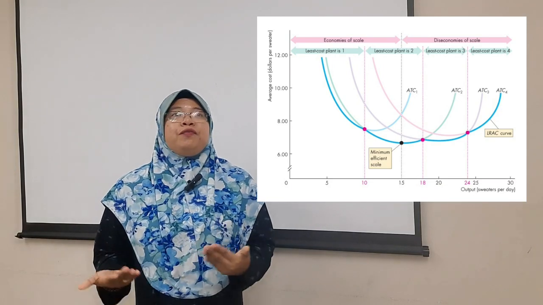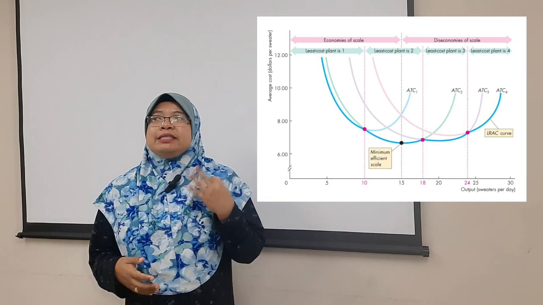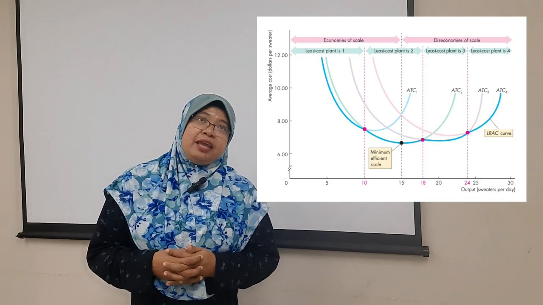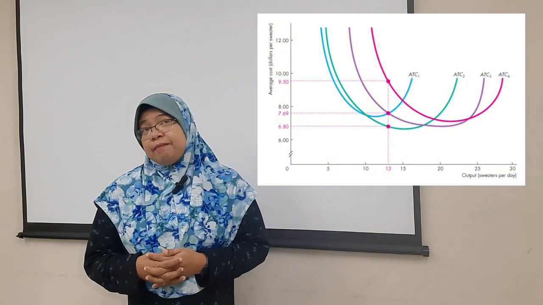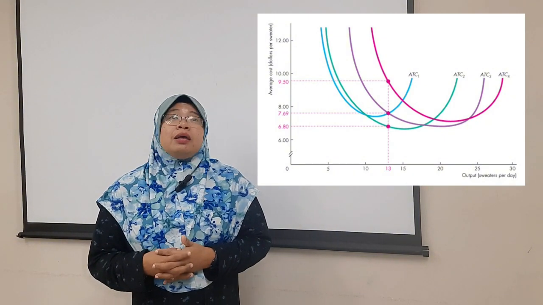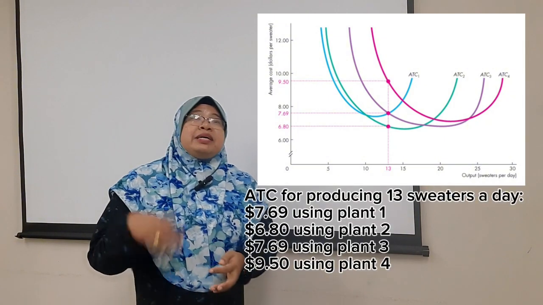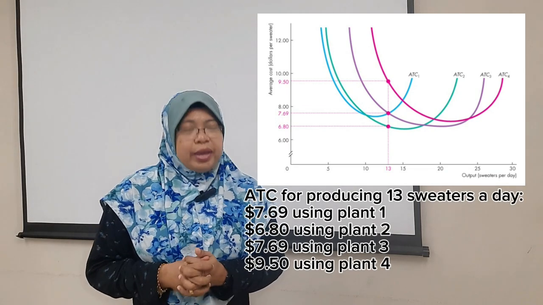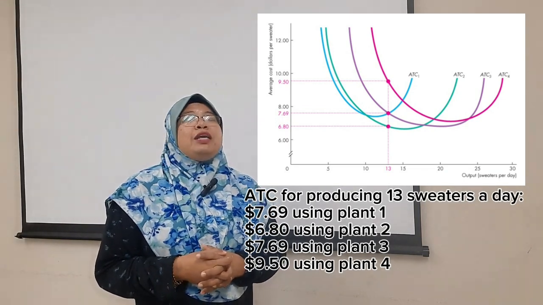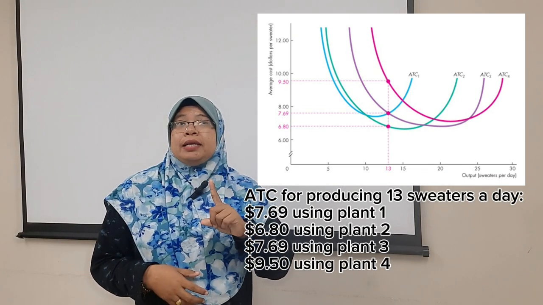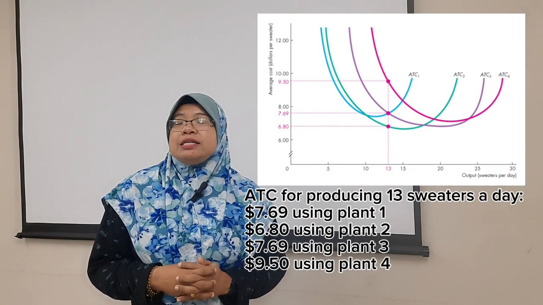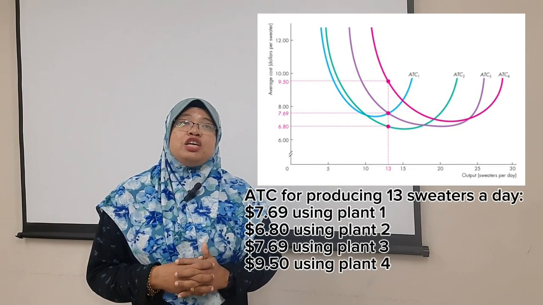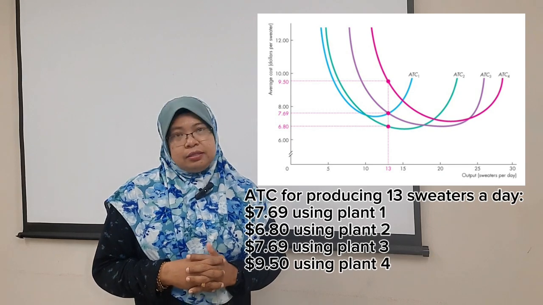Suppose that the firm wants to produce 13 sweaters a day. What is the least cost way of producing 13 sweaters a day? Again, from the diagram, we can see that by using plant 1, 13 sweaters a day cost $7.69 each on ATC 1.